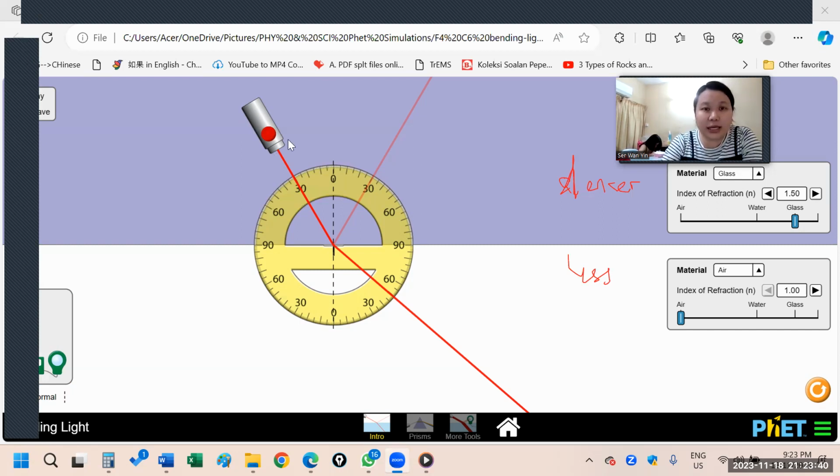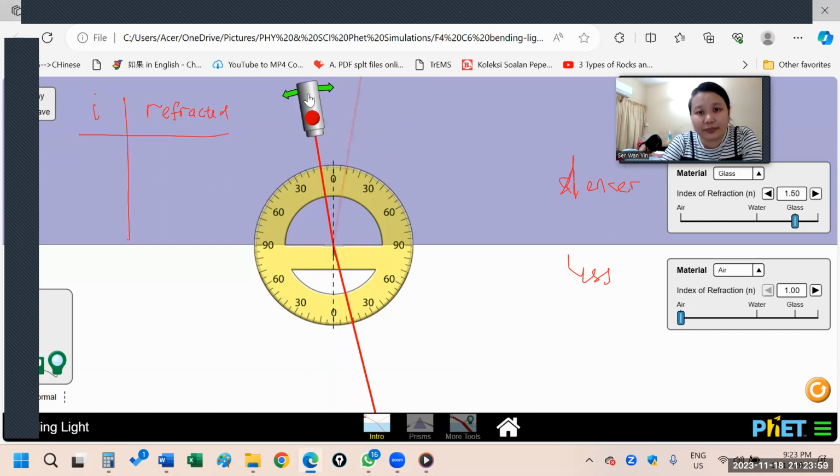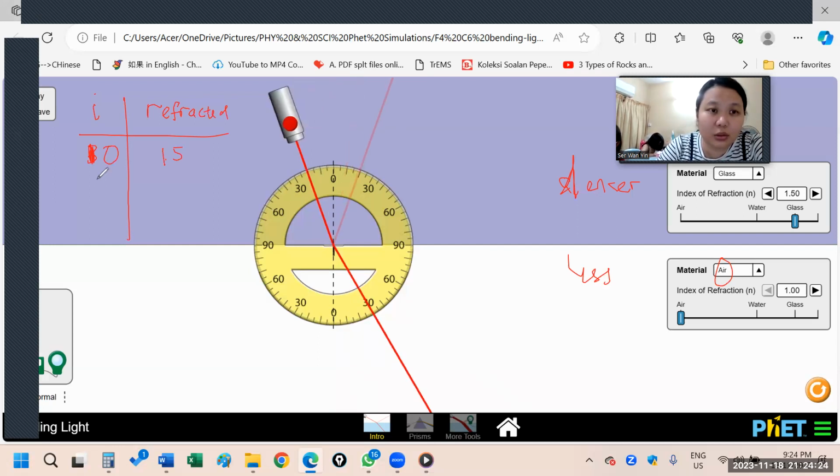Let's check the angle of incidence I and the refracted angle. This is the refracted angle. When I is 10, the refracted angle will be more, because here is air, less dense. So it's around 15. What happens at 20?